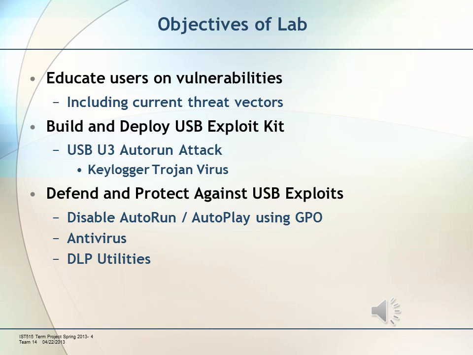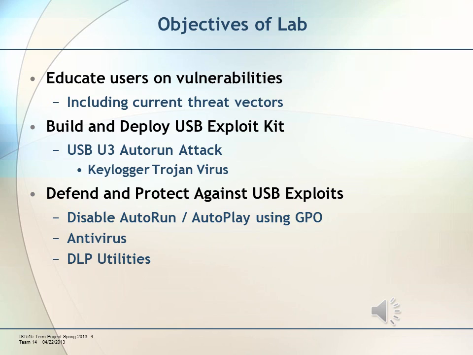So to summarize before we get started, the objectives of this lab are threefold. Number one, we're going to educate you, the user, on the current vulnerabilities associated with USB key devices. Hopefully we're going to provide you with some current and new information that we've compiled very recently regarding this emerging threat. Number two, we're going to build and deploy the USB exploit kit.